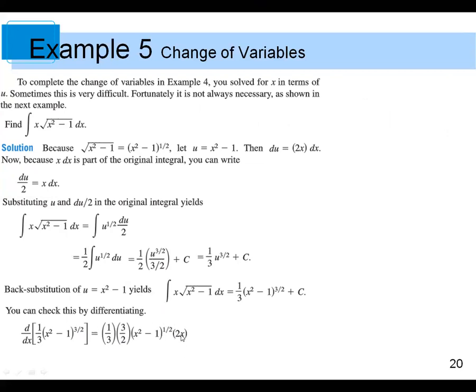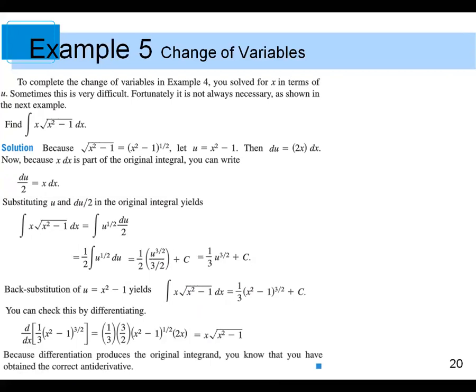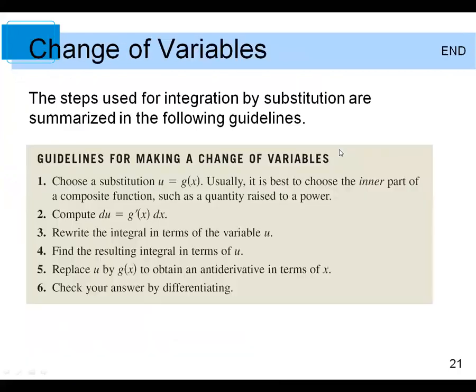Multiply by the derivative of the inside from the chain rule, and it simplifies to the 2 here, and the half from reducing the 1/3 and the 3 halves are going to cross cancel. The 1/2 exponent here can become square root, and you can just multiply the x in front instead of the backside. Because differentiation produces the original integrand, you know you have obtained the correct antiderivative.